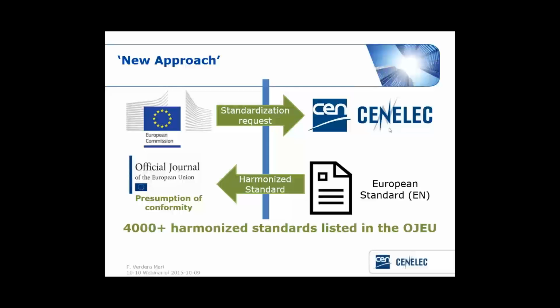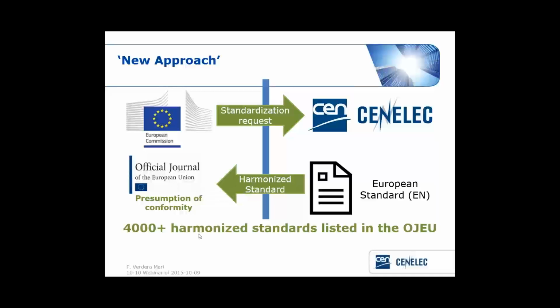Then CEN and CENELEC accept the standardization request and start working. We develop such a standard. This standard has been demonstrated to comply with the requirements in the standardization request and the requirements in the regulation. Then the Commission publishes the reference in the official journal of the European Union. And in many cases, depending on the peligrosity of the product, it provides presumption of conformity.